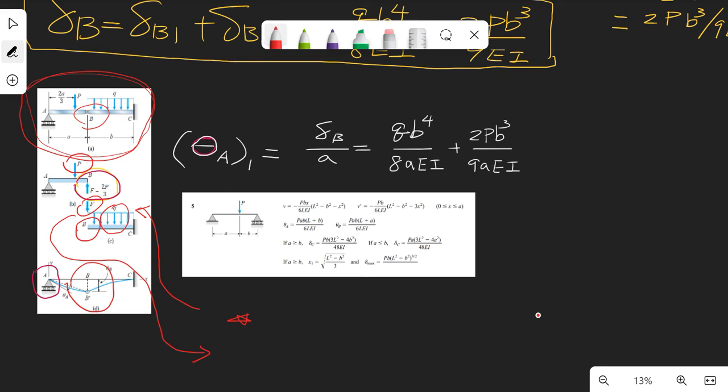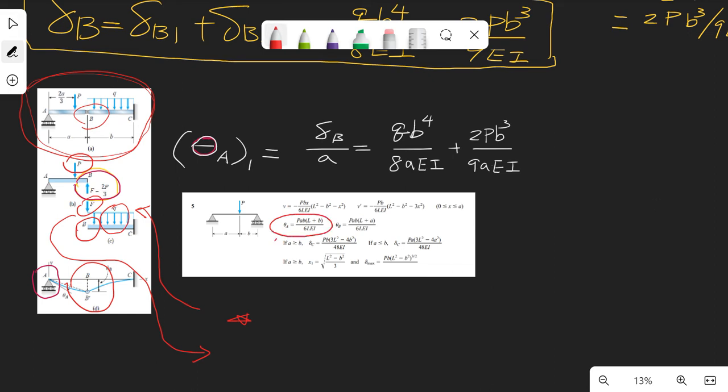So the concentrated load will contribute the rotation of the theta A. We will find the theta A here is PAB(L plus B).